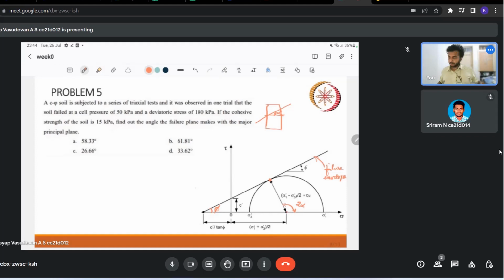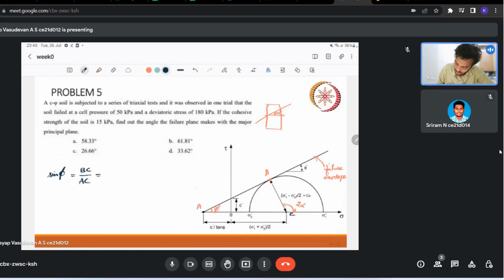So let us see. From this figure, we can arrive at an equation. If you look at this particular triangle ABC, and you are writing sine phi, what will be the numerator? BC by AC. Okay.